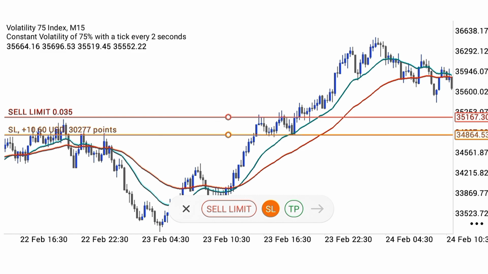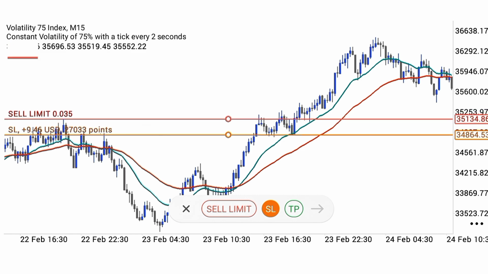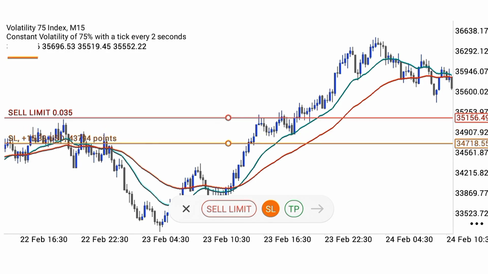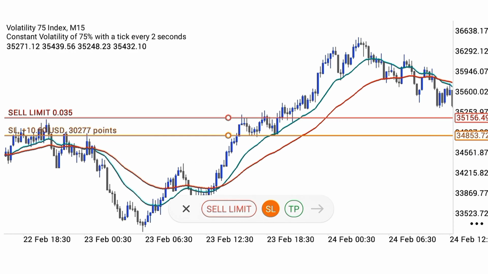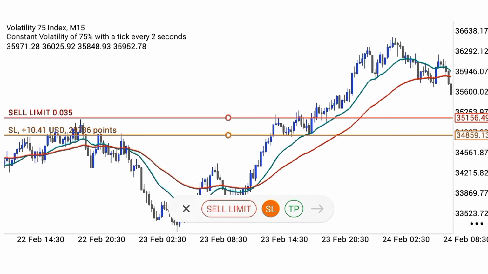You place a limit order at the point where the engulfing candle closes, then you place your stop loss below it, because our stop loss is going to be below the last candle before the engulfing candle. So let's say you risk $10 for this trade, because our SL is now showing $10.